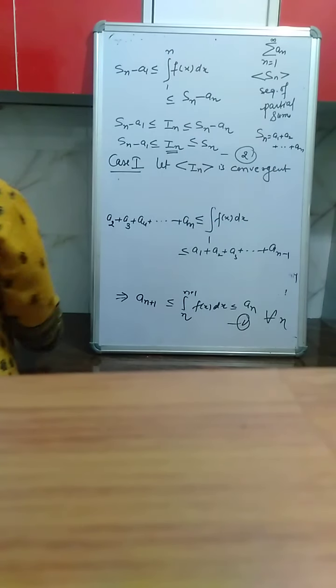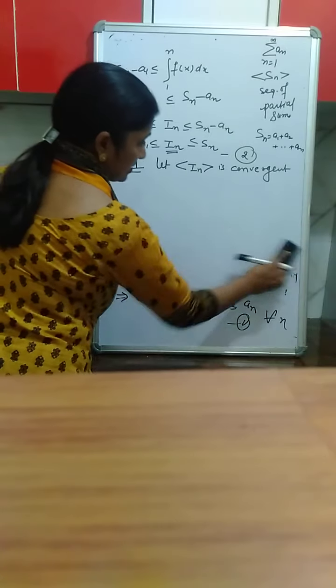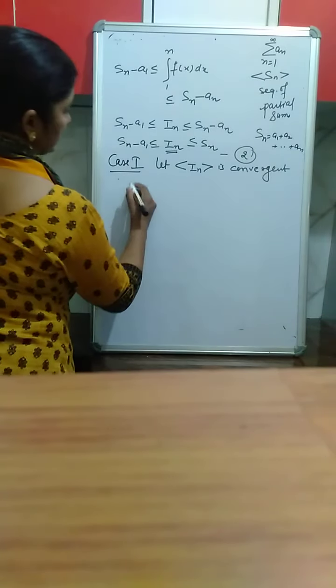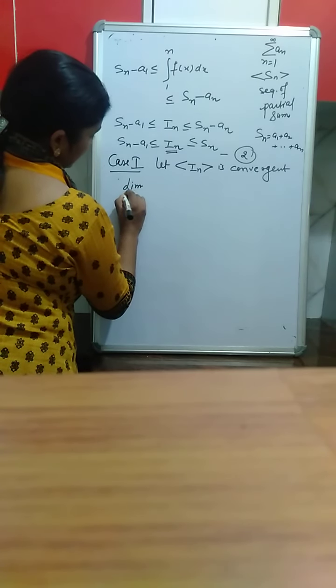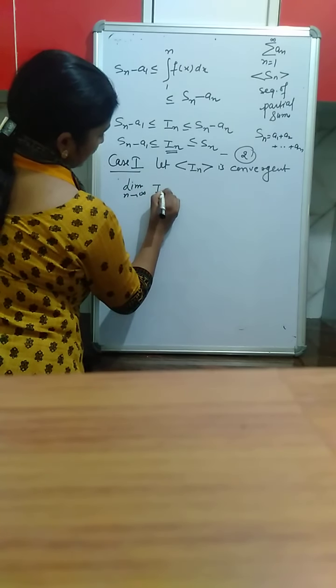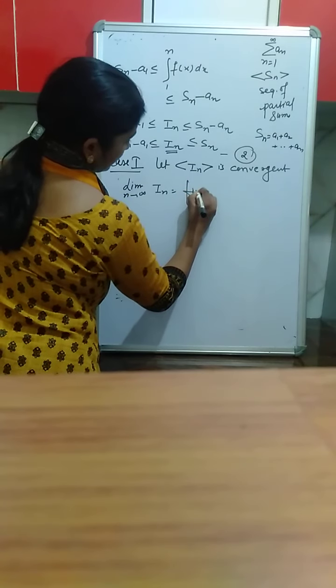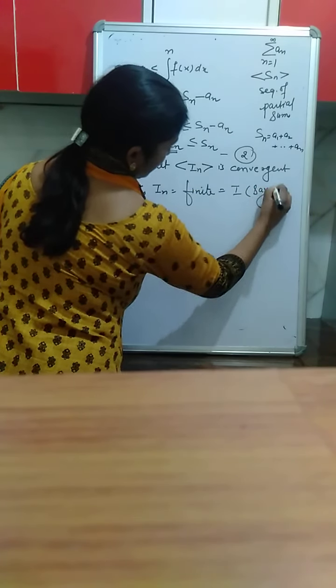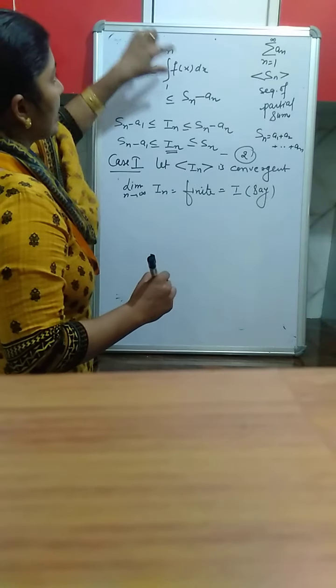Let In be convergent. So if In is convergent, what do we have? The limit as n tends to infinity of In is finite, equal to some constant. And In is what? The integral from 1 to n of f(x) dx.